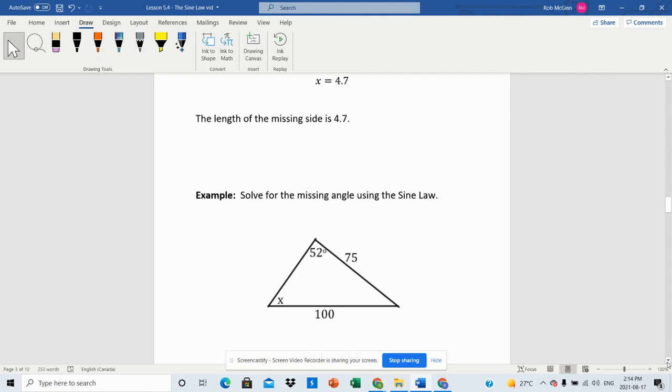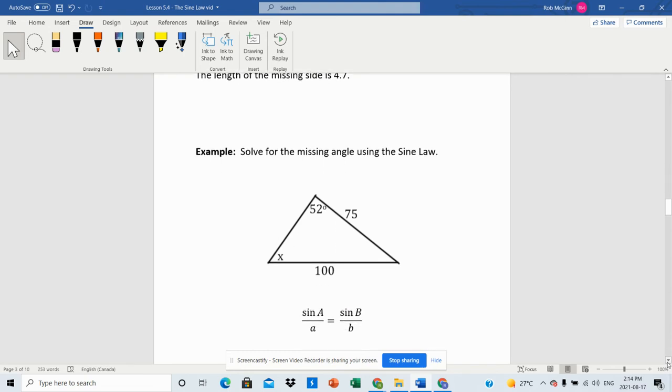So we're going to use the sine law to solve for this missing angle. And I just have to make sure I set up my ratios correctly. So remember, sine A divided by side A is going to be equal to sine B divided by side B. Well, here I'm going to use this as A, so I'll actually label this.